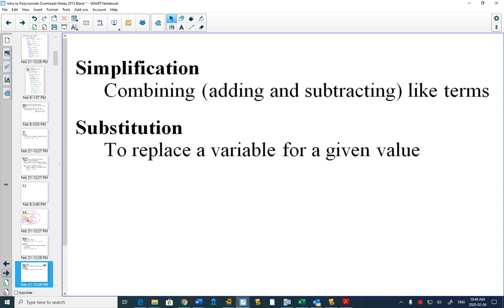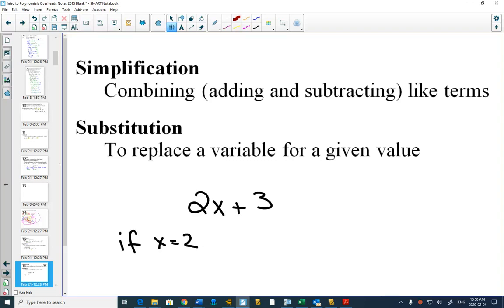We've done a bit of substitution already. So is that just like what we'd be writing it, just doing like 5 squared, writing it? Well, if you had this, and then I said, if x is equal to 2, what is this equal to? The substitution would be, I replace the x with a 2. This is substitution.